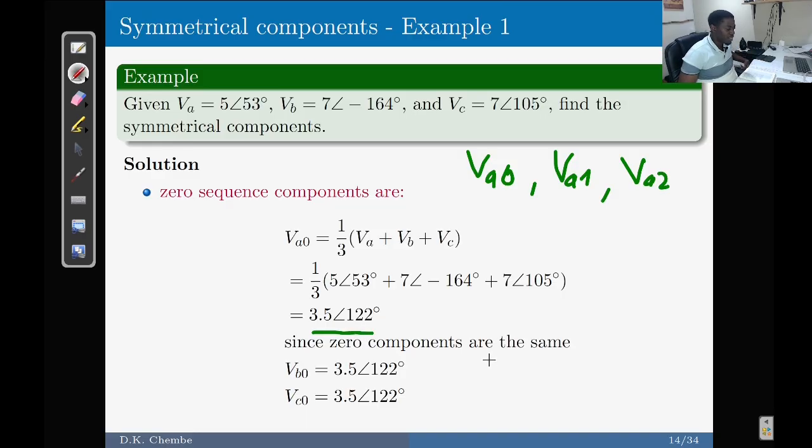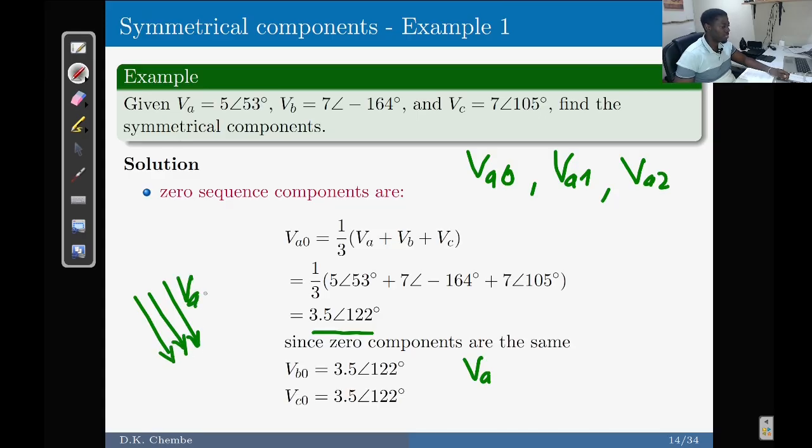Since the zero components are the same, your VA0, VB0, VC0 are all the same. You remember we had all the zero components being the same from that diagram.